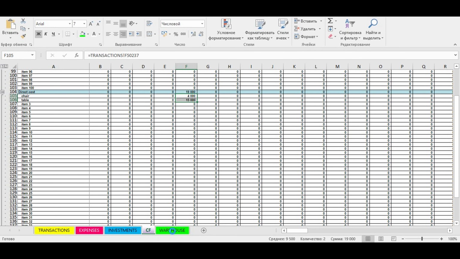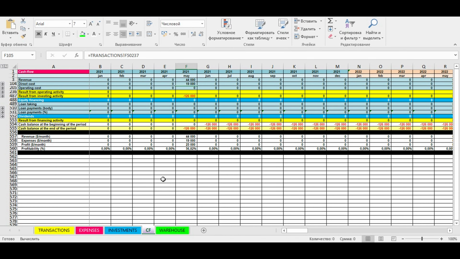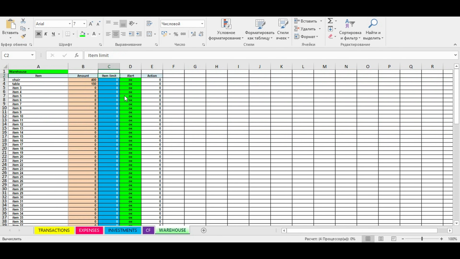Then we can see the warehouse. So at the result of our operating activity, we have 400 chairs and 150 tables on our warehouse.